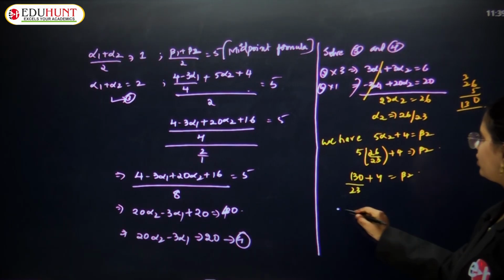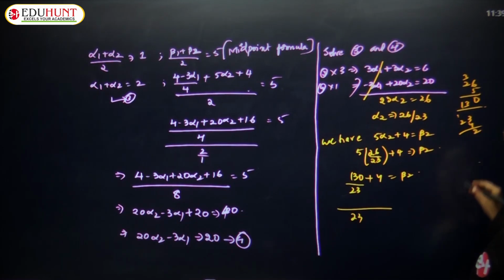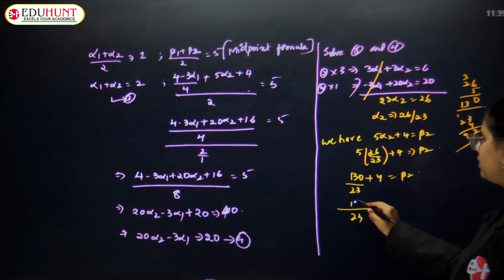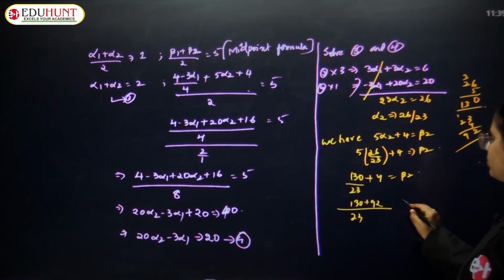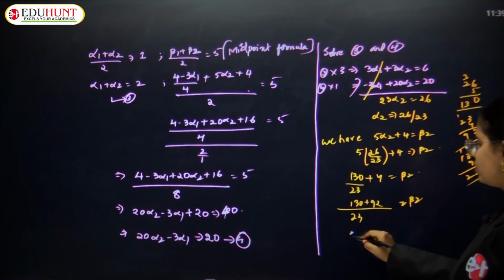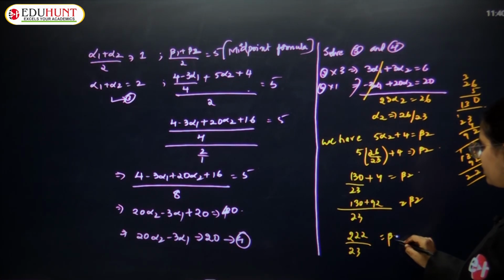So take out the LCM: 4 times 23, 3 fours are 12, 2 fours are 8 plus 1, is 92, right? 130 plus 92 is equal to beta 2. What is 130 plus 92? It is 222. So 222 upon 23 is equal to beta 2.